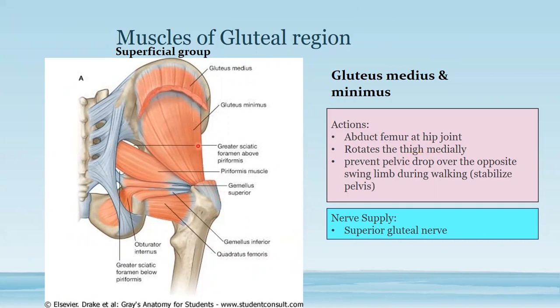So it contrasts with the gluteus maximus, which rotates the thigh laterally, while these two muscles rotate the thigh medially. These two muscles are also important in preventing pelvic drop over the opposite swing limb during walking. So it's actually to stabilize the pelvis in walking. It's supplied by the superior gluteal nerve.